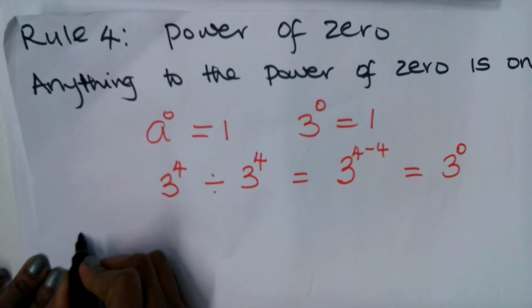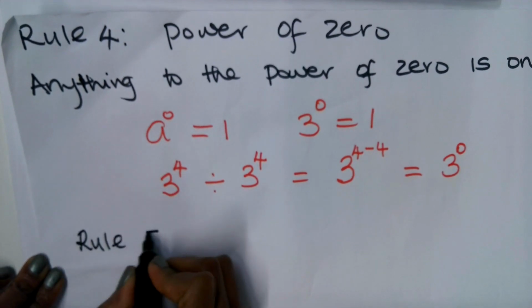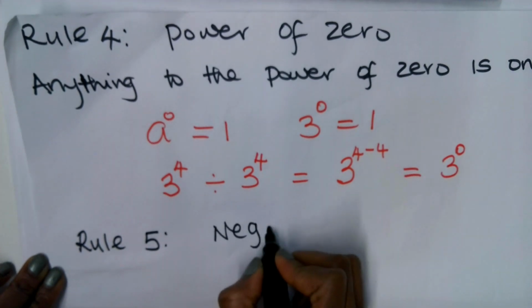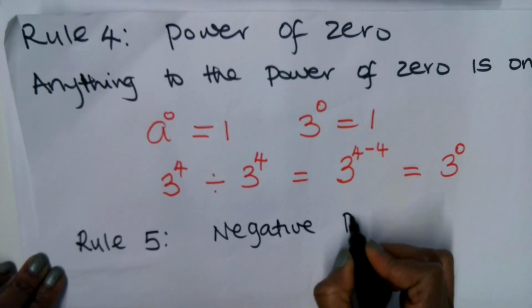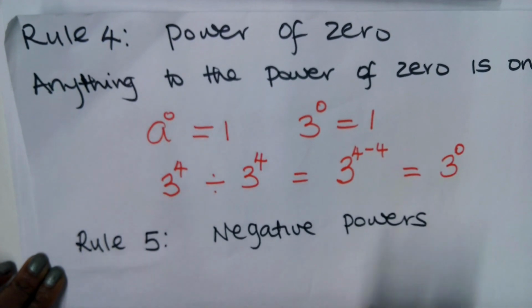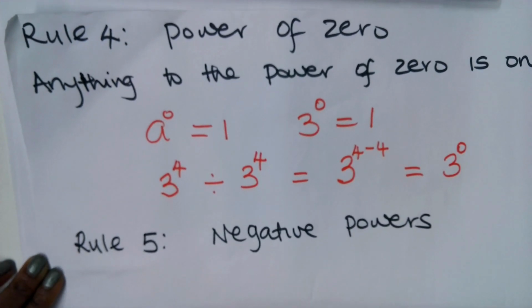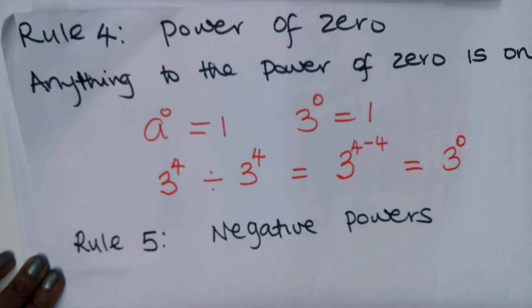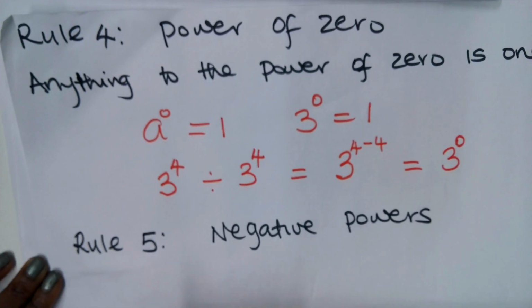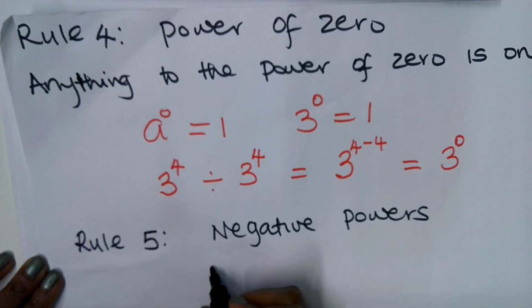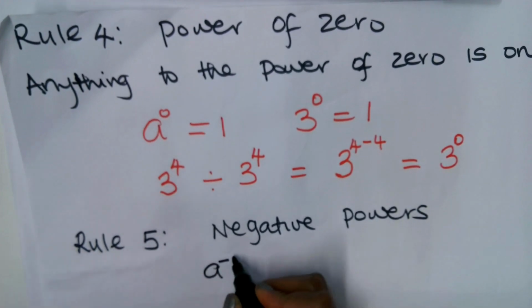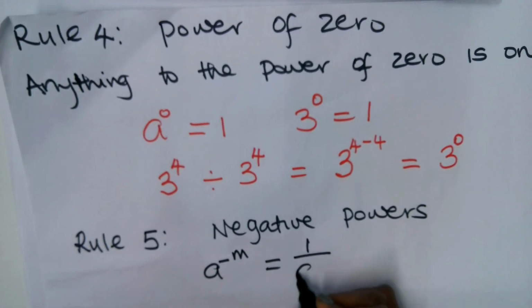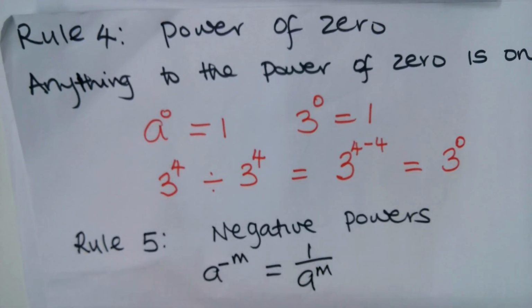So we look at rule number 5. Negative powers. So we've got a raised to the power minus m is equal to 1 over a raised to the power of m.